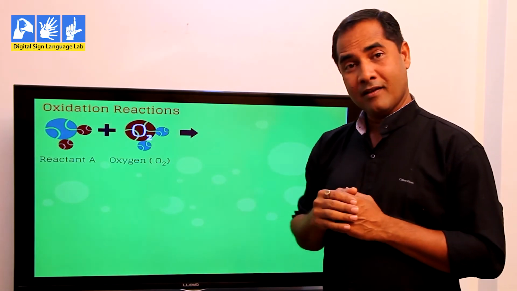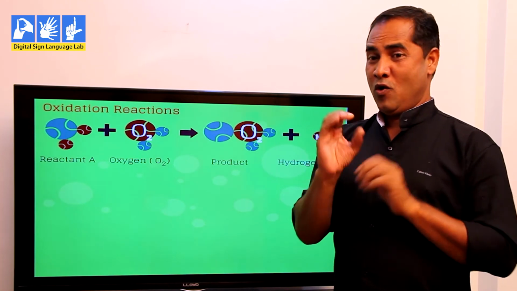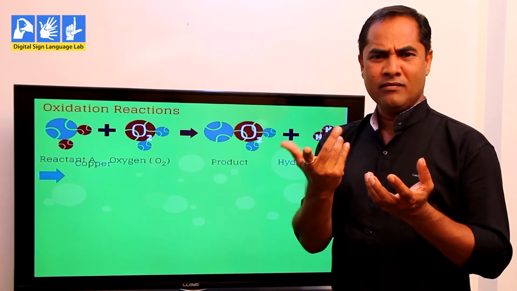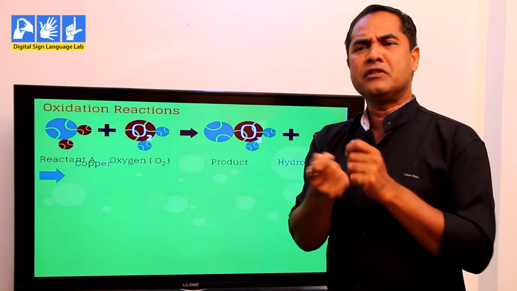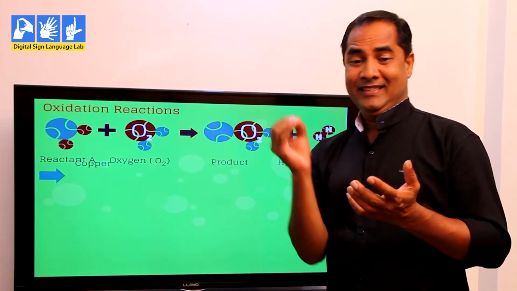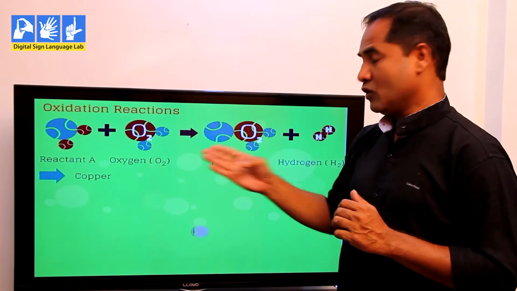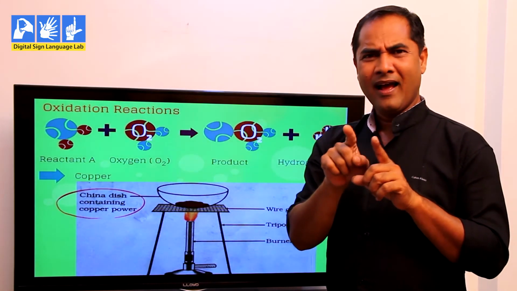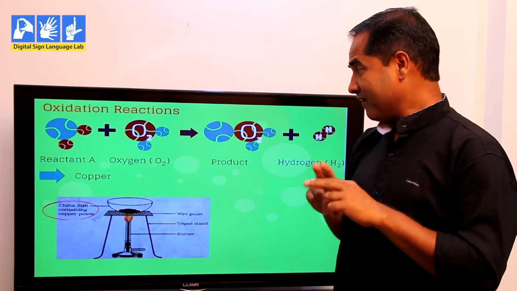Next, we can see the oxidation reactions. Oxygen is an important gas. It leads to many different chemical reactions. So you know copper, right? It's a kind of metal.